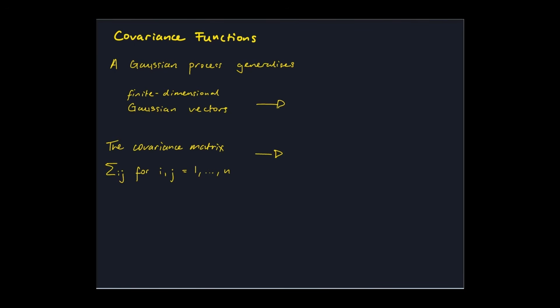I should have defined what a standard multivariate Gaussian is, and I'll add that for next time. But a Gaussian process is the thing that generalizes a finite dimensional Gaussian vector to an infinite dimensional random function.